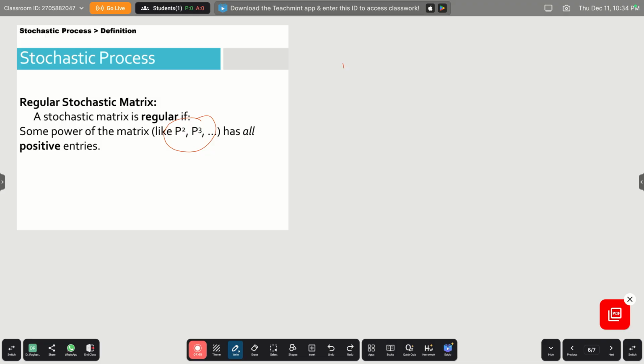Okay, suppose P is a matrix. So I want to check whether it is regular or not. So either P square, what is P square? Matrix P into P. To understand how to multiply two matrices, you can check the video. The link is given in the description box.